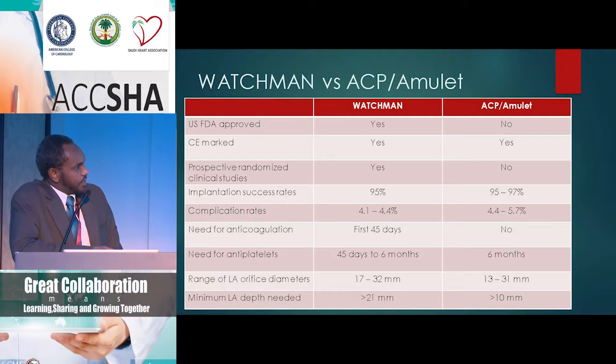However, the WATCHMAN needs 45 days of anticoagulation. They both need up to 6 months of anticoagulant and antiplatelet therapy. The WATCHMAN covers a smaller range of left atrial appendages, basically because of the diameter size and because of the depth that it needs.